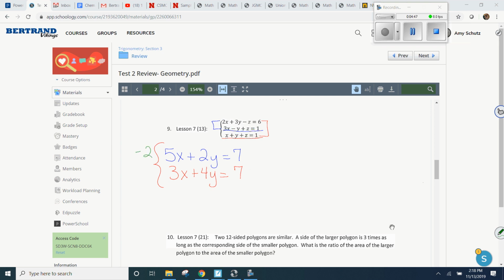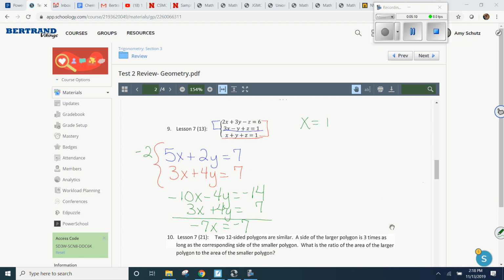Negative 2. So you get negative 10X minus 4Y equals negative 14, and 3X plus 4Y equals 7. So you get negative 7X equals negative 7. So X should be equal to 1.